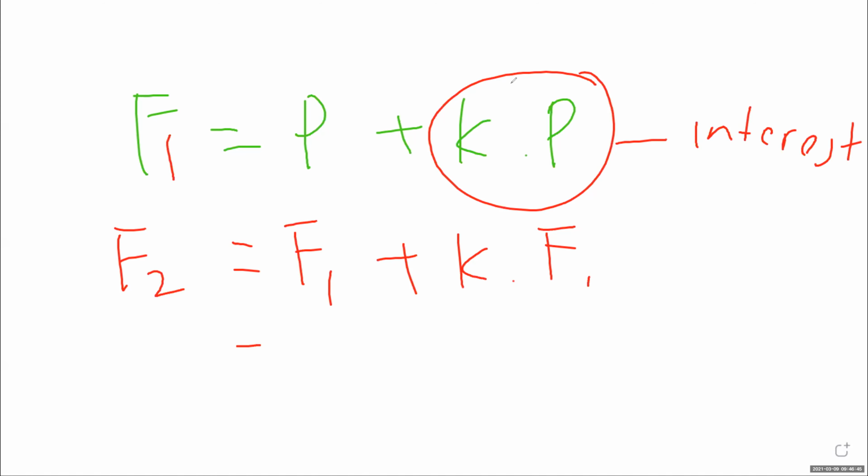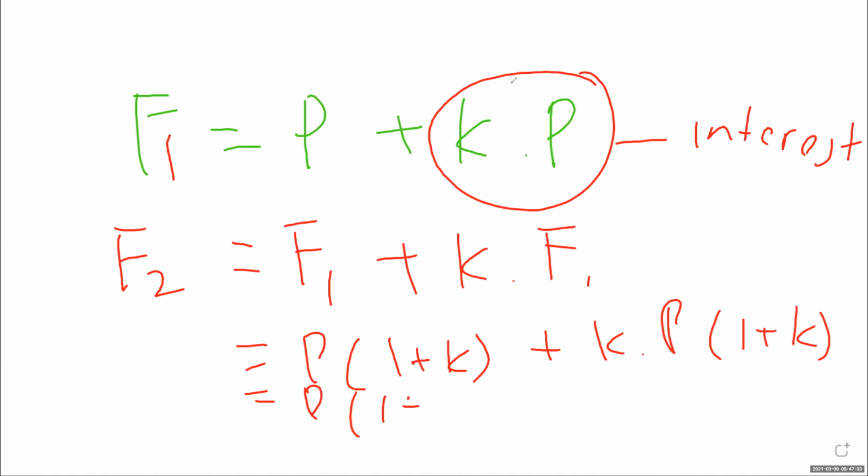In that case, you will have P(1+K) plus K times P(1+K), which equals P(1+K) exponent 2. Is that correct?